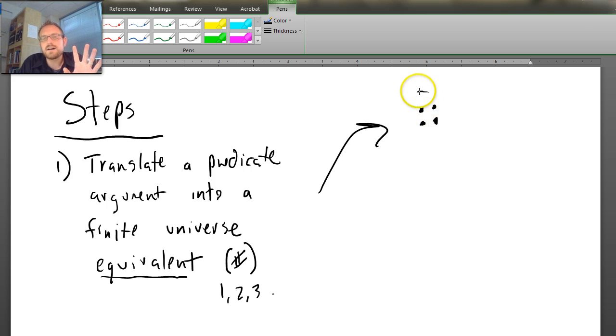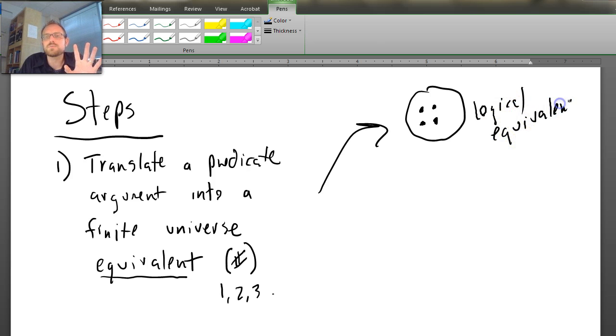But this symbol doesn't work for us here, because logical equivalence refers to statements as they exist within the actual universe. Because we're making up our own universes, we're going to use a new symbol, and it's going to look very, very similar.